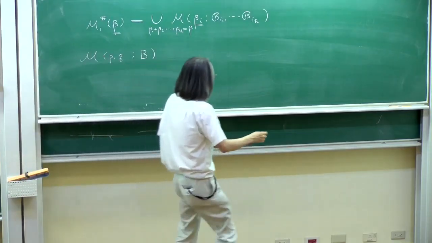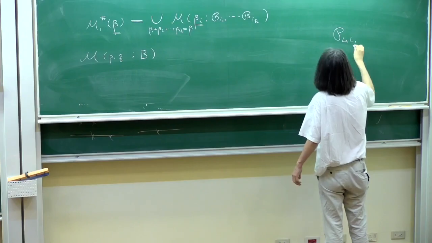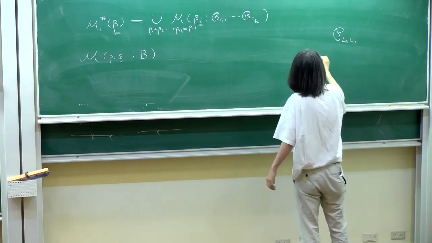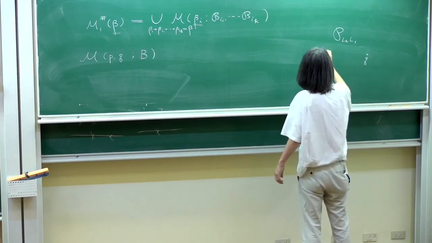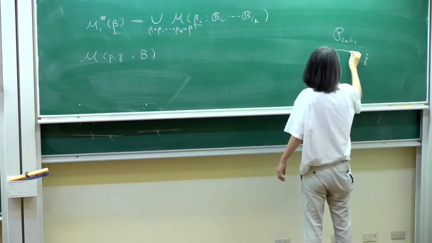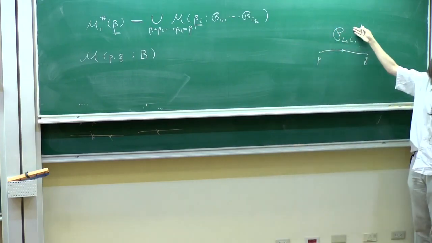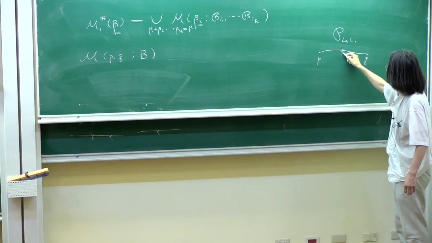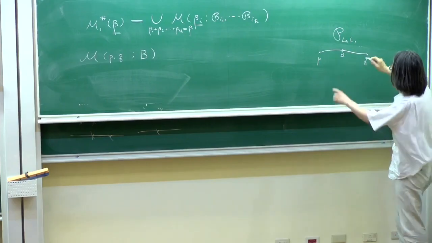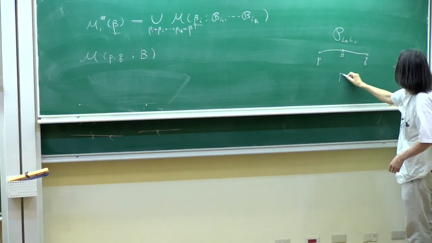Here I have a path space, L01, and here you have a constant map P and a constant map Q, right? Then I pick a path in this path space. So maybe I just denote it by this path class B. So B is a homotopy class of paths from P to Q.